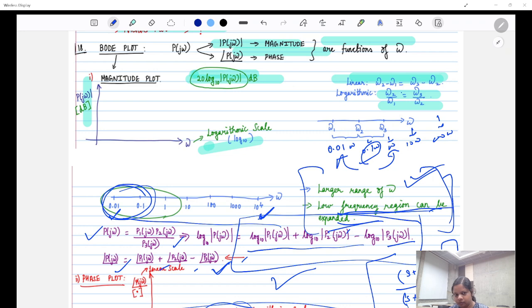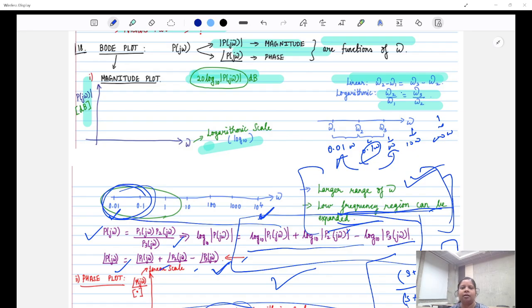Because if you go with a linear scale, you can go like 1, 2, 3, 400 at a span of 1. But let's say if you are to measure 0.0001, you won't be able to show that. So if you want to show a large range of frequency, it definitely does not have to be the arithmetic mean, it has to be the geometric mean.